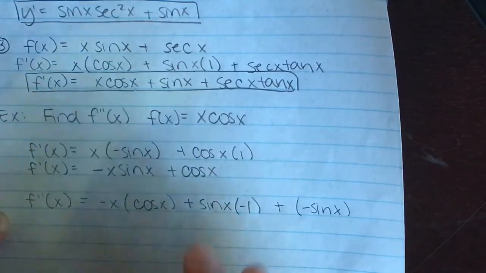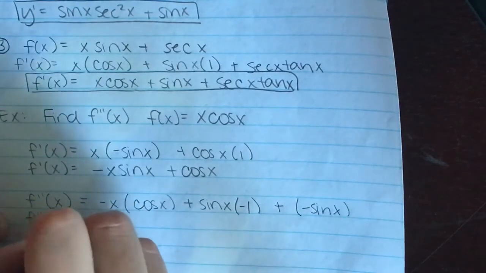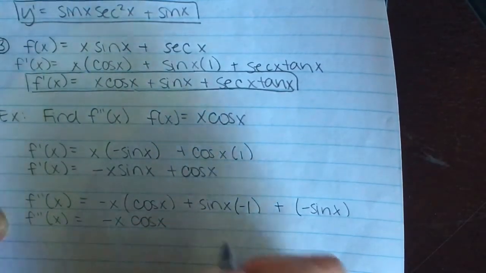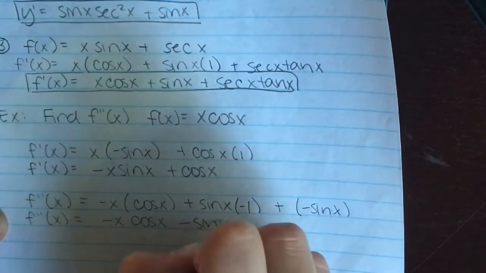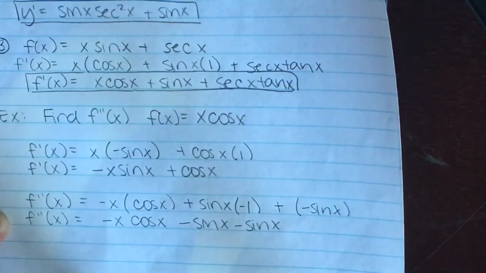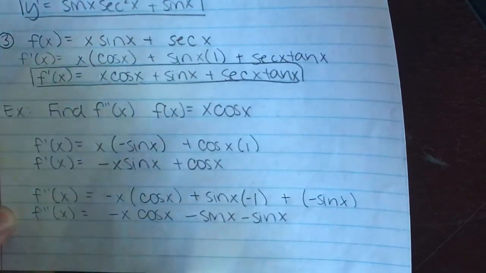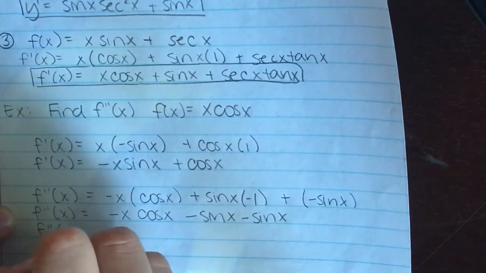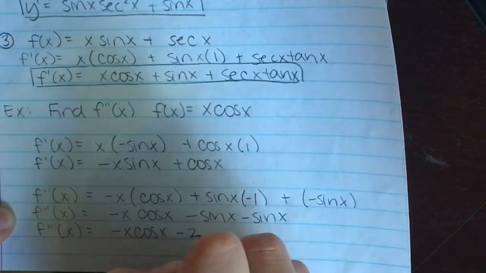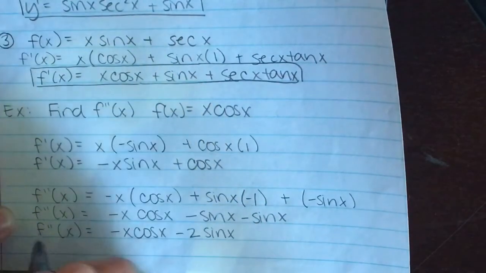And again, I've got some simplifying I can do before I can conclude what my second derivative is. So overall, I would say my second derivative is negative x cos x minus 2 sine x.